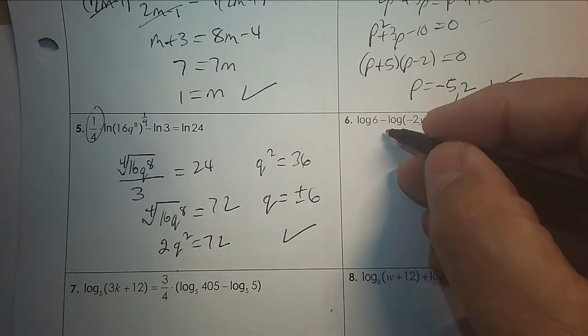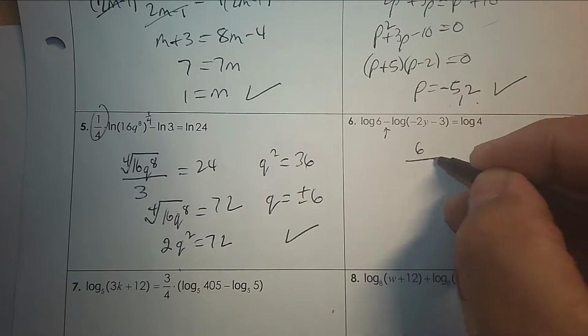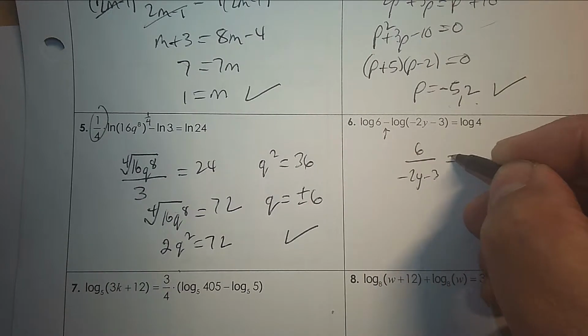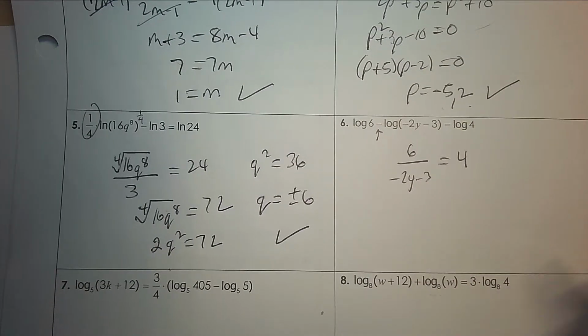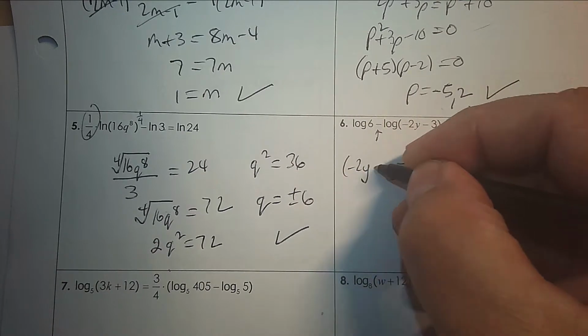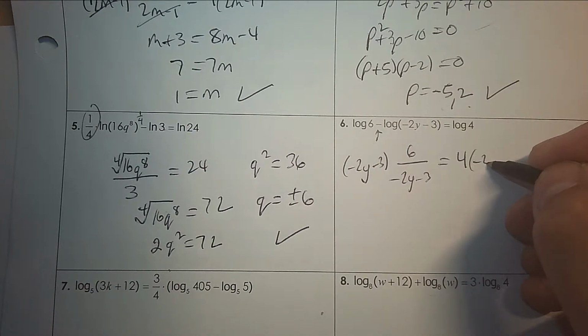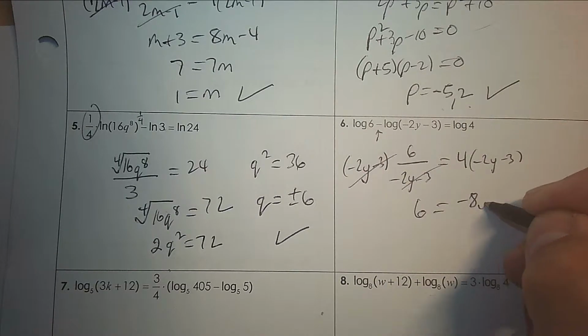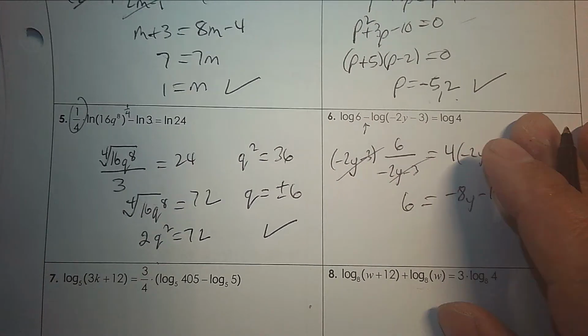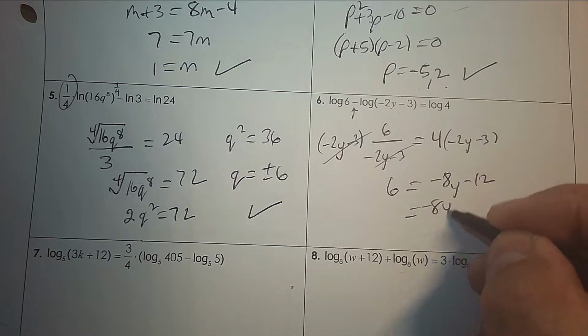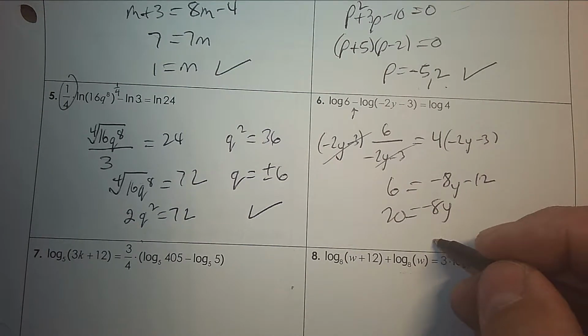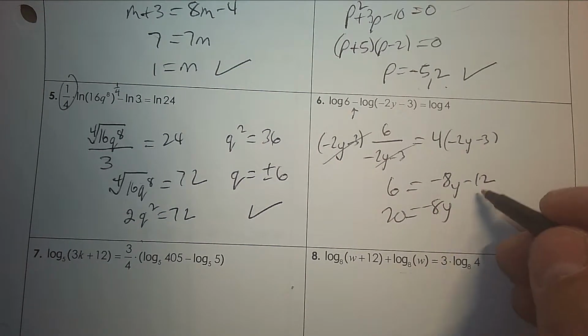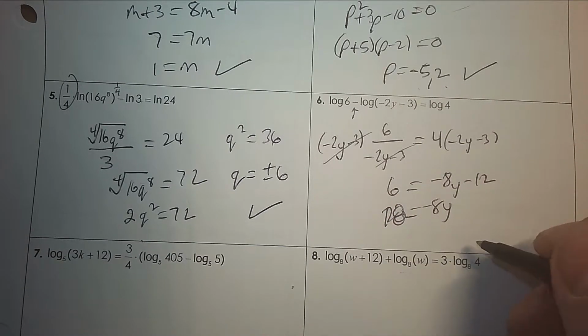Here, subtracting means I'm dividing. I'm going to multiply both sides by negative 2y subtract 3. So 6 is equal to negative 8y subtract 12. And then add 12 and divide. Add 12 is 18, and then divide.